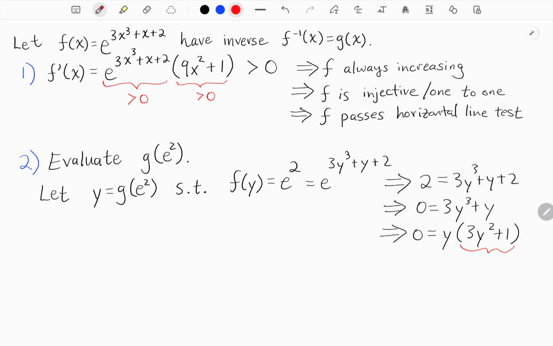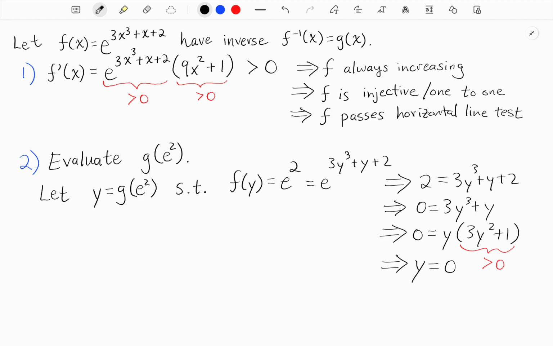Okay, this can never equal 0, in the real numbers. So yeah, 3y squared is non-negative. You add 1 to it, non-negative plus 1 is going to be positive, greater than 0. So therefore only y can equal 0 in order for the right-hand side to equal the left-hand side, which equals 0. So y has to equal 0. 0 times anything, like positive or any other number, will give you 0. So we get y equals 0.